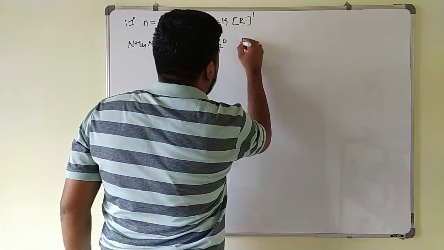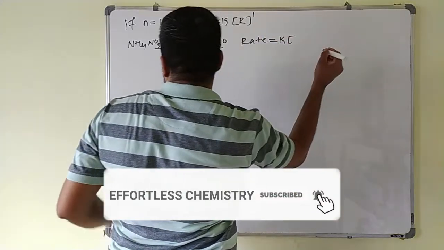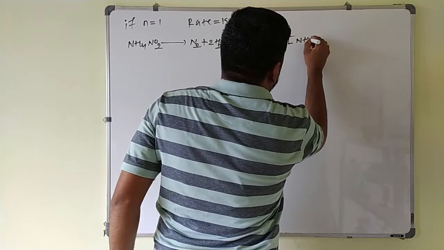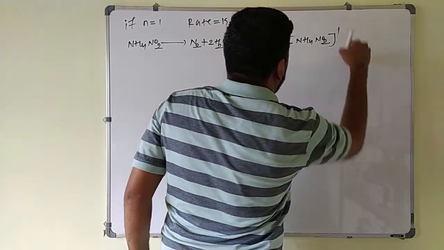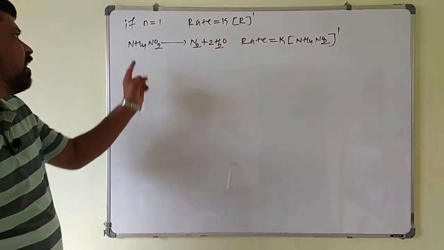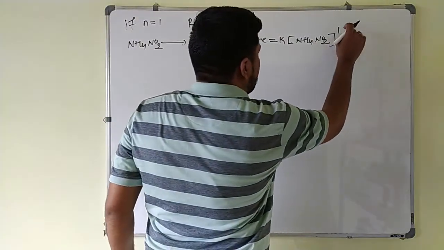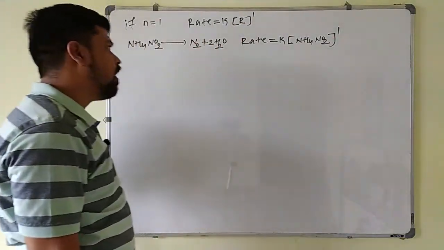For this one, rate equation is given by rate is equal to K into molar concentration of NH4NO2 power equal to 1 here. So again it is a first order reaction, because the total sum of the powers of concentration terms will be equal to 1 here.